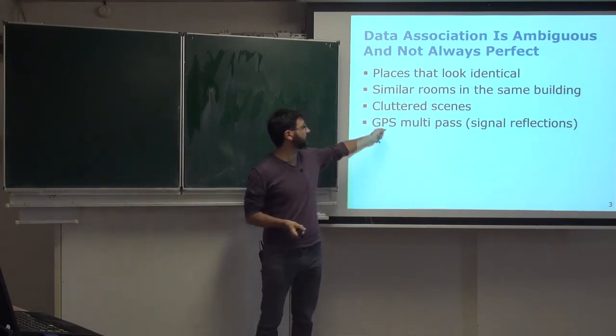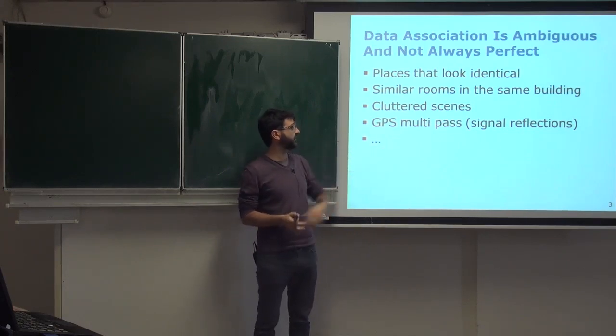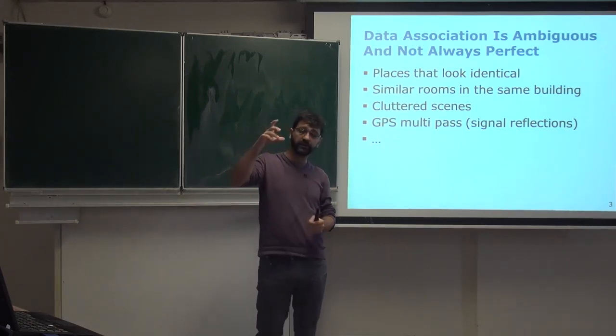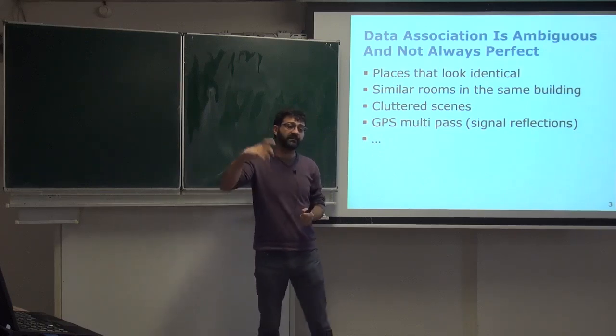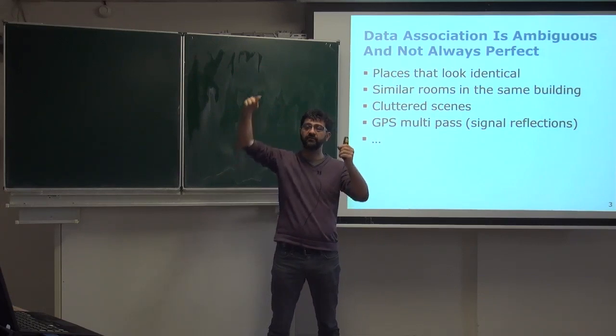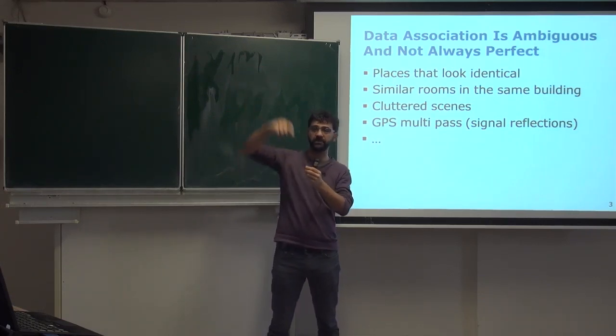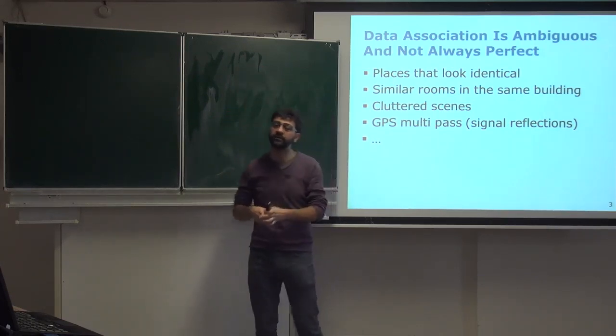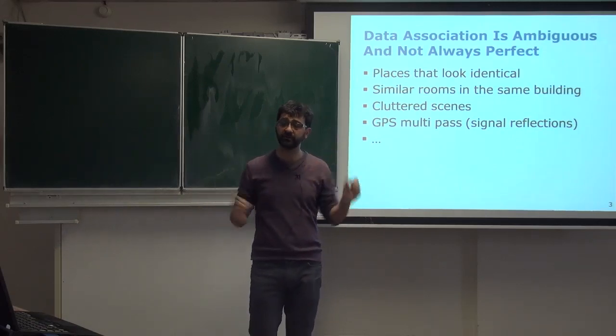And in a very specific case, when you use GPS sensors, you have what is called multipath. So basically the signal from the GPS bounces around buildings, so you have one measurement, the direct measurement, and the other one that bounces around, and you want to discern which is which.